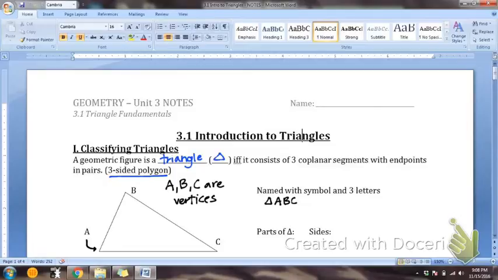We could use triangle BAC or CBA, any combination of the three letters. I know that when we were dealing with angles, the order mattered, but when we are naming triangles, the order does not matter. So any three letters, and there are more examples that we could use as well.